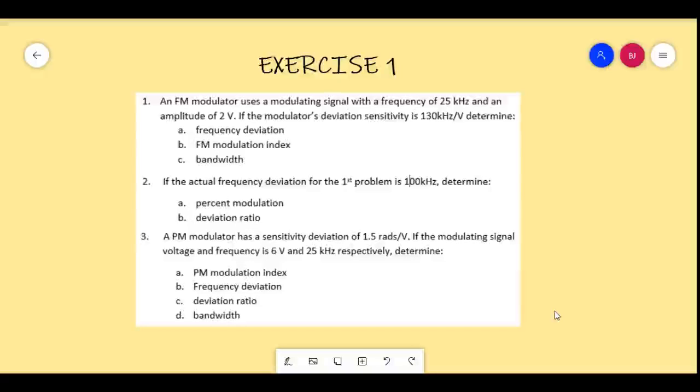Okay, now let's go to the discussion of the frequency spectrum of FM, determination of the sidebands, and the Bessel function table.